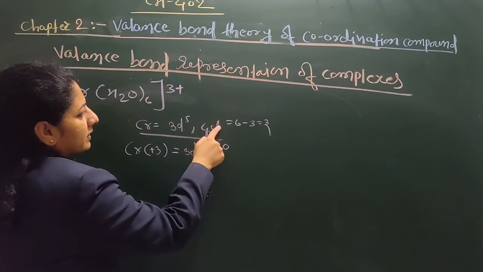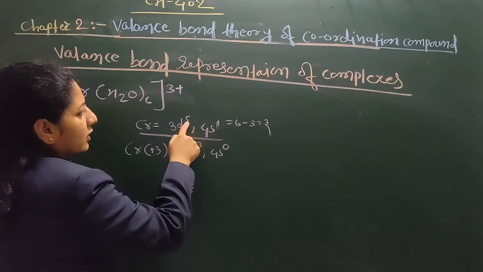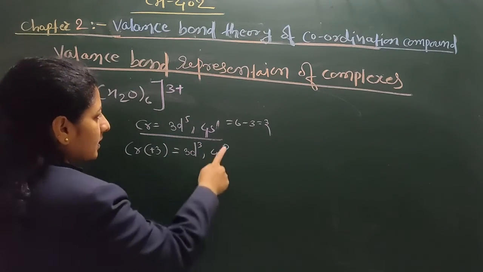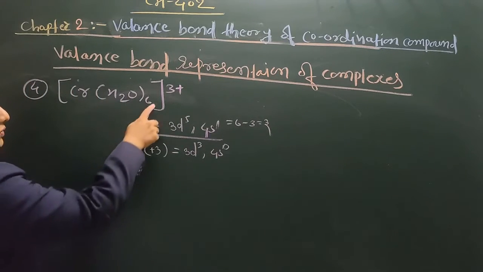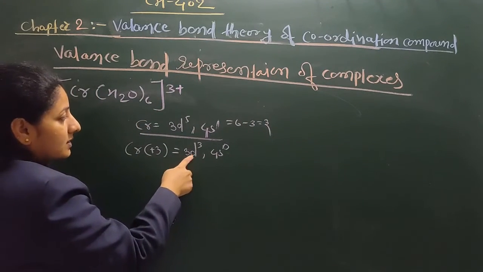From s one electron is gone, and from the d orbital 2 electrons are gone, so 3 electrons are removed, and the final electronic configuration of the chromium 3+ ion is 3d3.